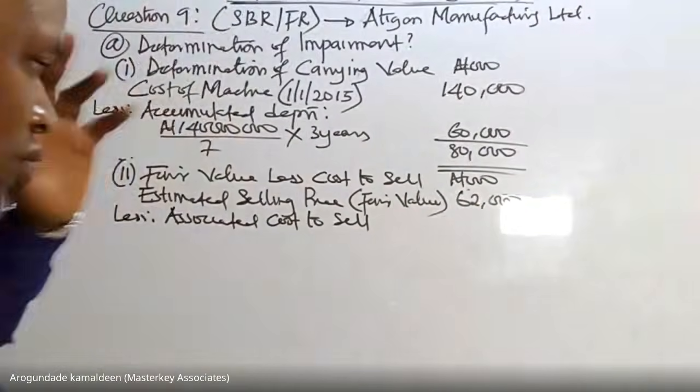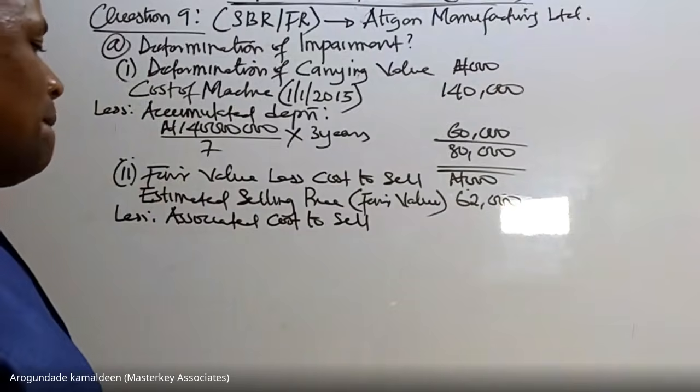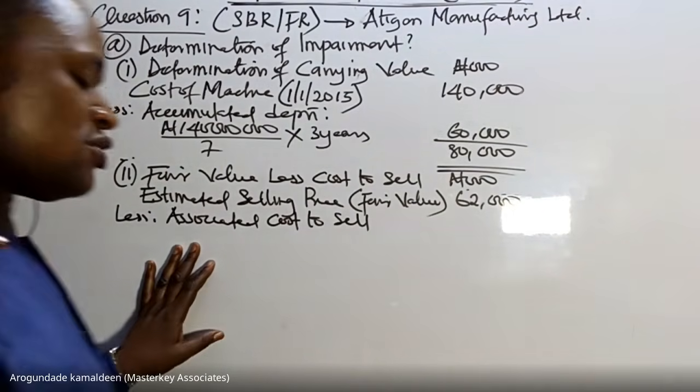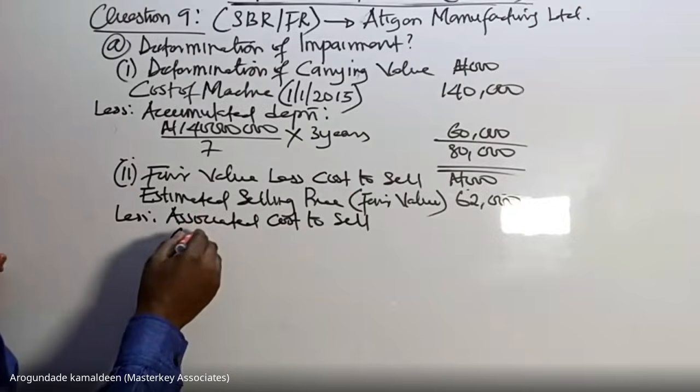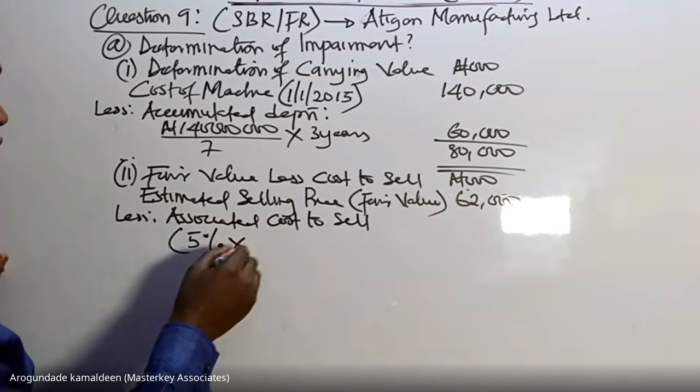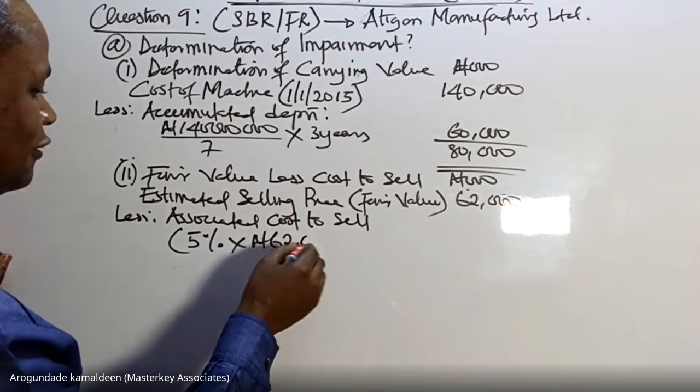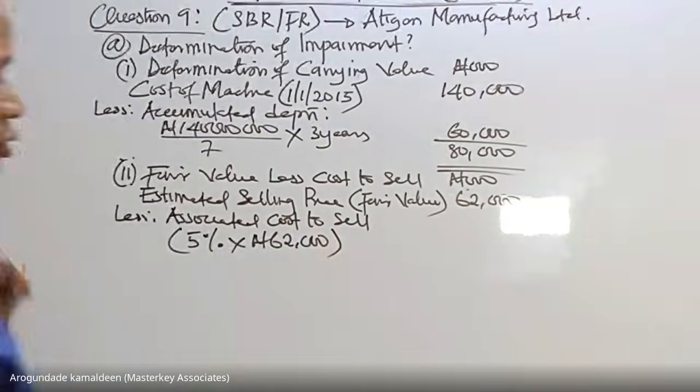Yes, it is a concept you need. Now, what is our cost to sales there? Tell me. 5% of the fair value. Thank you. The 5% of the 62 million. 3,110.